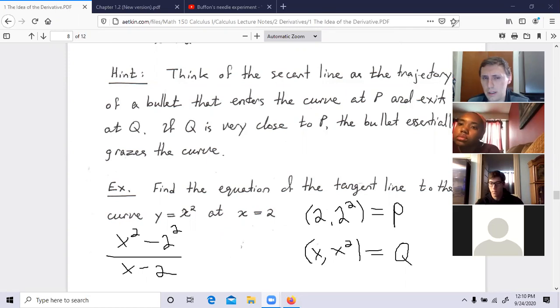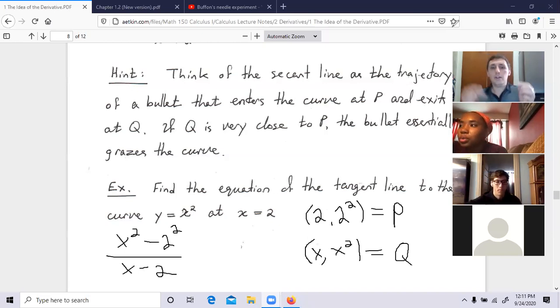Let me just verify. Could anybody tell me, type in the messages or speak to me, why x squared minus 2 squared over x minus 2 is not quite finished? What's wrong with that? If you were to plug in the 2 now, then you would have gotten 0. Sure, you're already seeing one step ahead of what I asked.